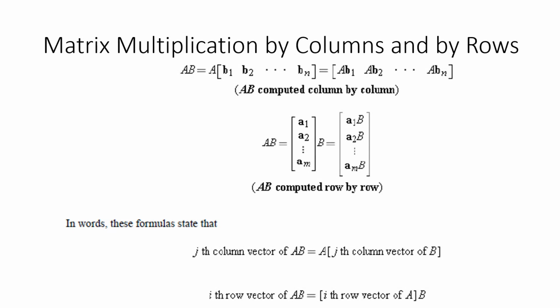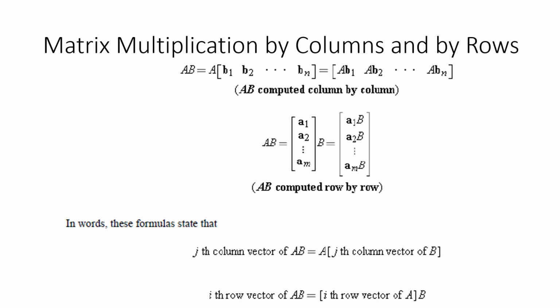So let's have matrix multiplication by columns and by rows. Partitioning has many uses, one of which is finding particular rows or columns of a matrix product AB without computing the entire product.